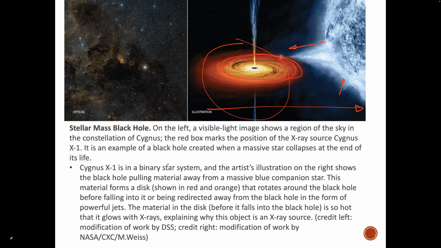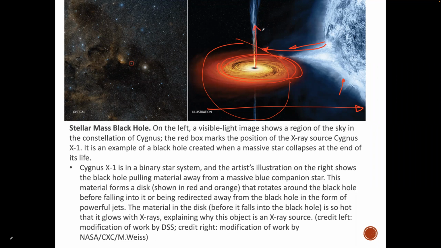So just to summarize it again, you have a black hole right here. When you have a black hole, it's a place with huge gravity, and because of that, the surrounding material will be attracted towards the black hole. Once attracted, this material will spiral around the black hole and get heated up, and because of that, it will emit X-rays.